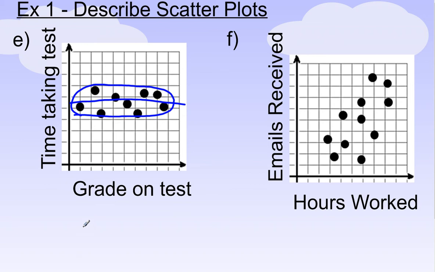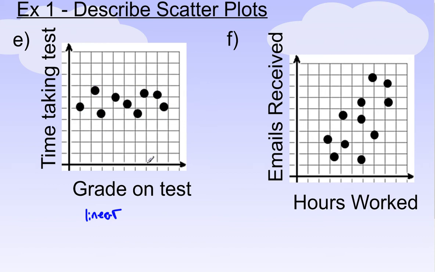So it's linear, but this is kind of tricky. Believe it or not, this is going to be no correlation. There's actually no relationship, according to this data right here, between the grade you get on a test and the time taking the test. You go, why is that? I mean, there seems to be a straight line.